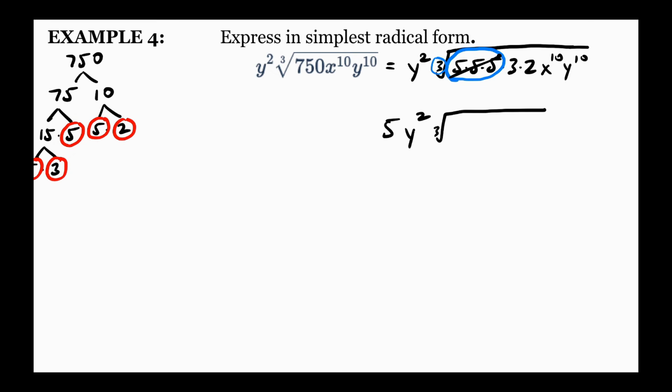Now, instead of writing x times x times x times x times x times x and y times y times y times y times y 10 times, can I do a shorthand way of doing it? How many triples am I going to have in x to the 10th? How many groups of 3 am I going to have with this guy here? 3, right? I'm going to have 3 groups.